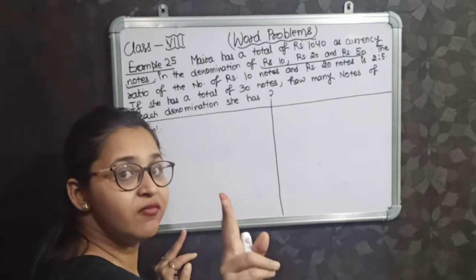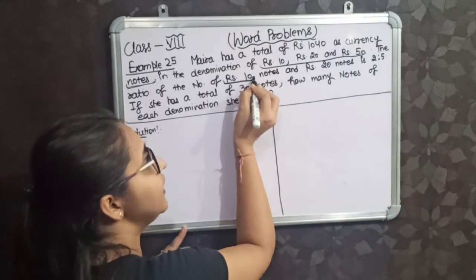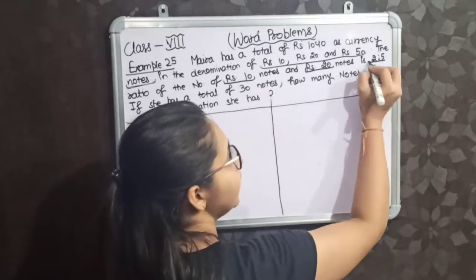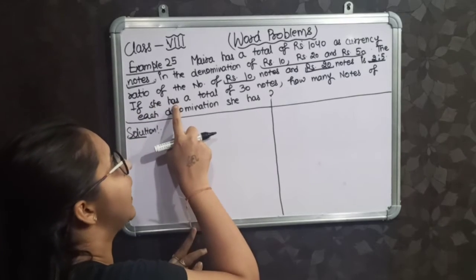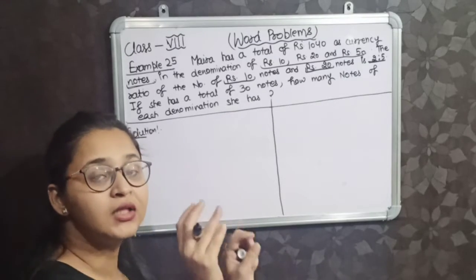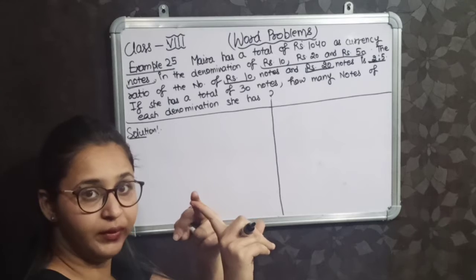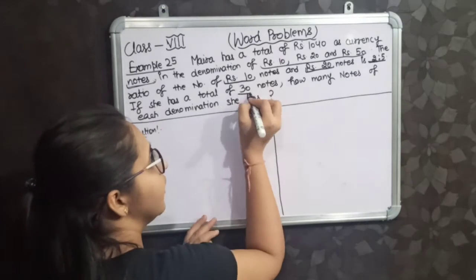The ratio is given only for two types, that is rupees 10 and rupees 20. Now if she has a total of 30 notes, there are three types of notes: 10 rupees, 20 rupees, 50 rupees, and the total notes that she has is 30.